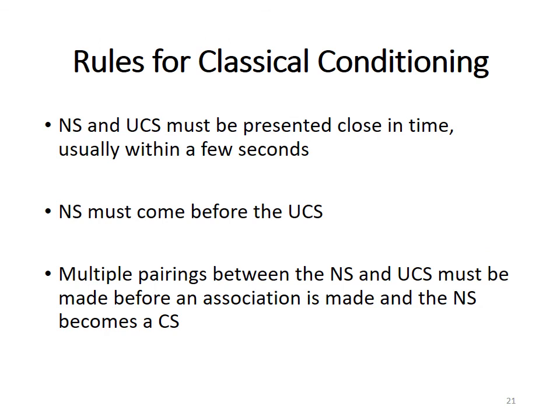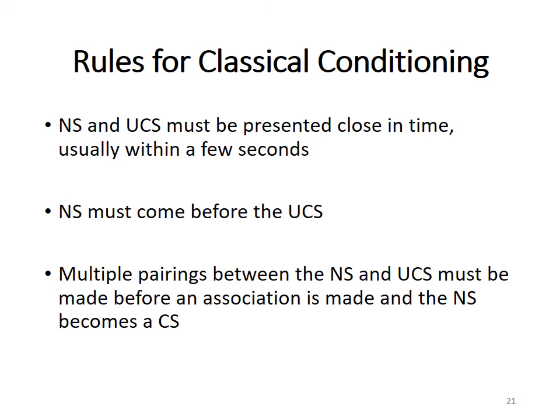Here are some basic rules for classical conditioning. Your neutral stimulus and your unconditioned stimulus must be presented close in time, usually within a few seconds, in order to make an association. The neutral stimulus must come or be presented before the unconditioned stimulus.